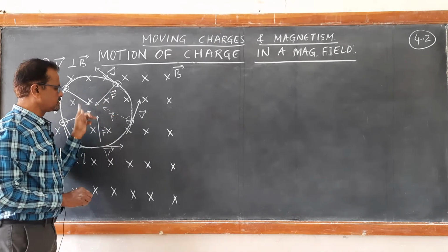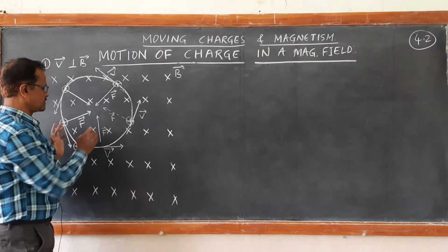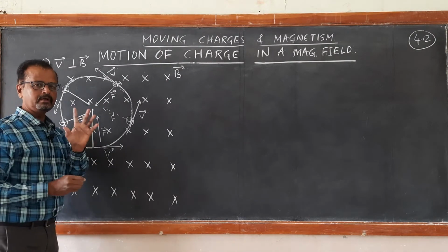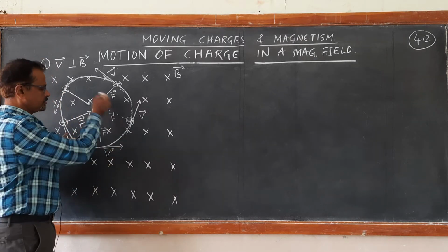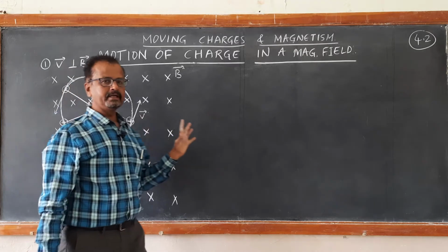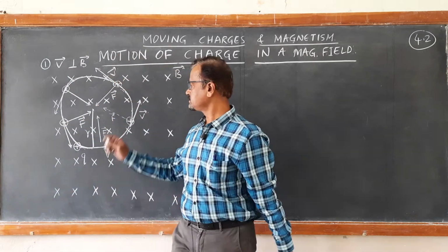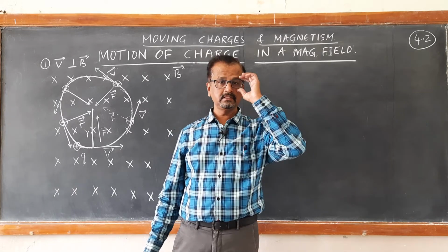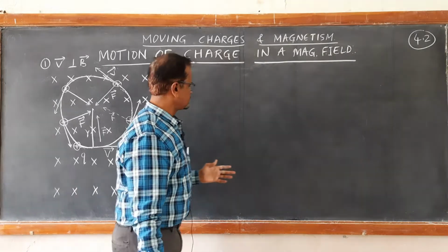It revolves with some fixed radius. It undergoes a circular motion about a common center with some radius, let us say r. The reason behind it, as you have followed here, is the Lorentz force. Every point there is Lorentz force acting on it.